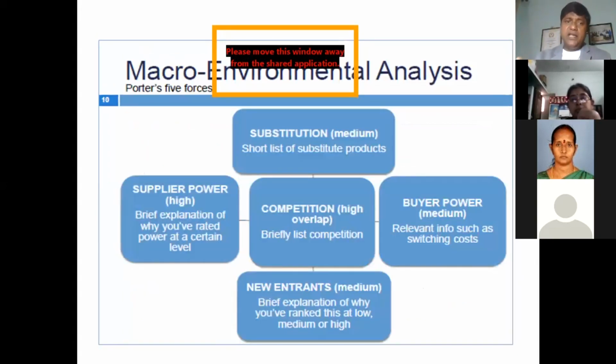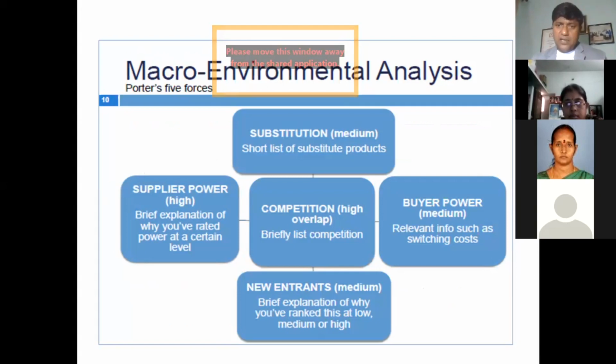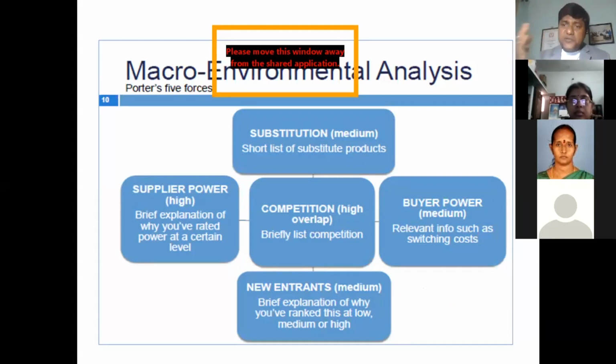Now, this is typically the Porter's 5 forces model, the macro environmental analysis, which we need to do whenever we are doing a case study with respect to any particular company. We need to find out who the competitors are for that company, the effects of substitutions, whether any substitute products are there in the market for the particular company's product, and new entrants, where there is a threat.